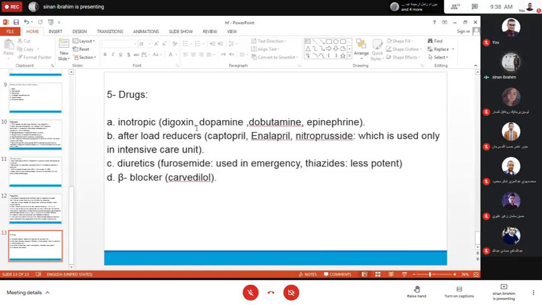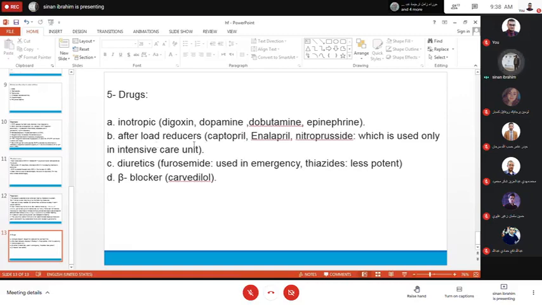So you should go to your text and write down the exact doses, some of them, because the pediatrician or some senior may ask you how to calculate the exact dose of digoxin.